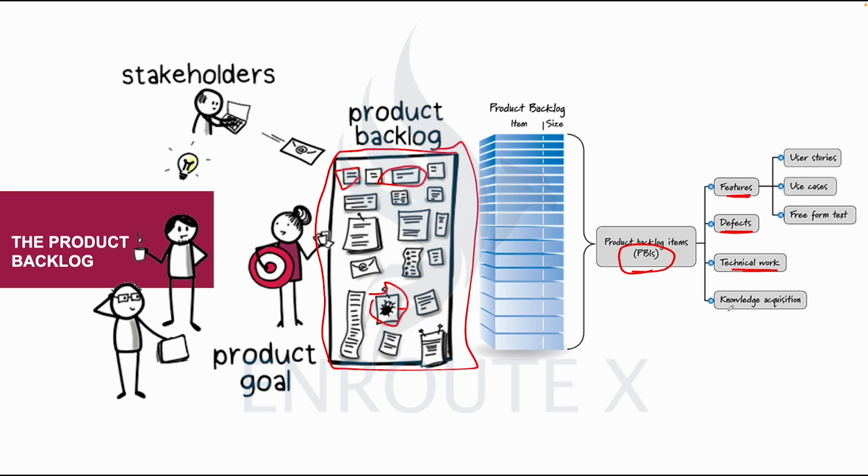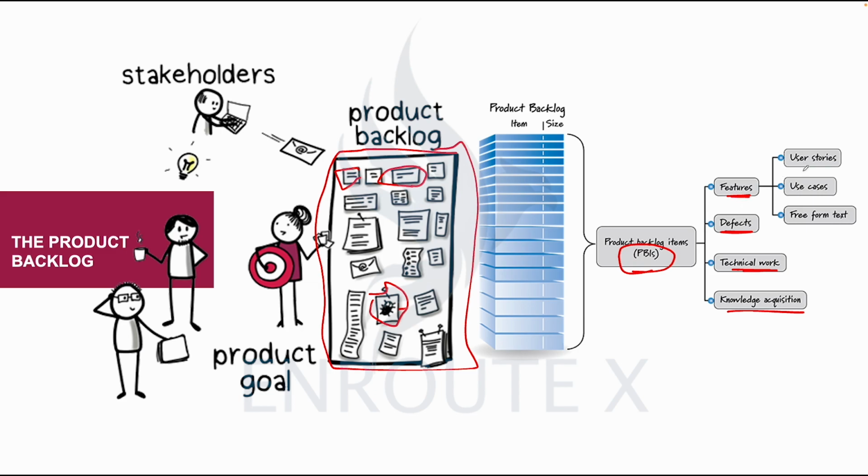It could also be knowledge acquisition. That means learning. So you could write stories as learning for personal development and add it to your product backlog. So it becomes a doable task for you. So everything comes into the product backlog.